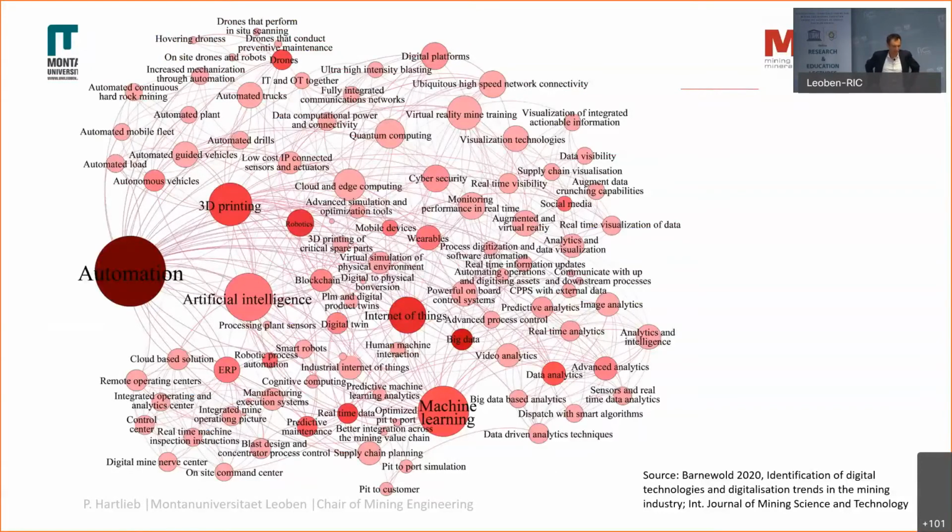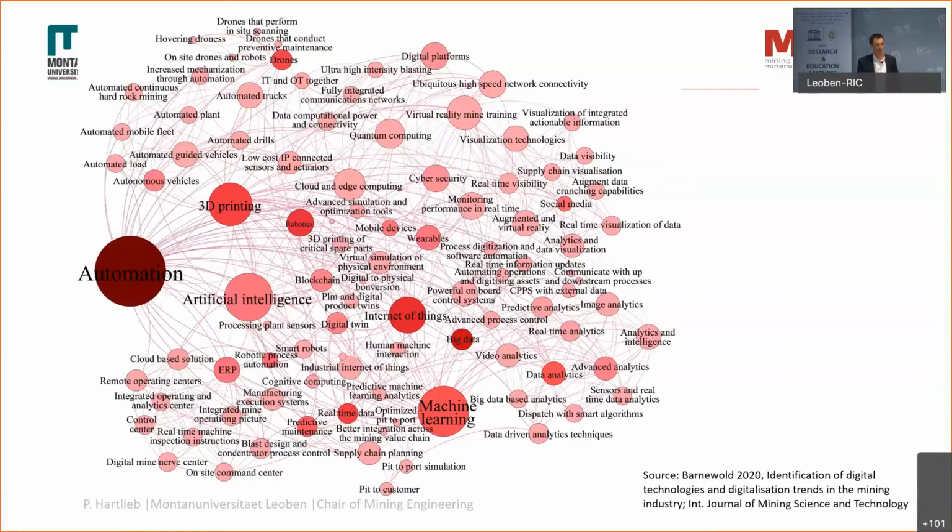When you ask, and I have to admit I didn't follow the talk last Thursday by the colleague of St. Petersburg University, but when you ask mining engineers, why do you do data analysis, why do you do that kind of stuff, the number one point that's popping up here would be automation. People don't really want to know something about the operation, but they want to automate the operation.